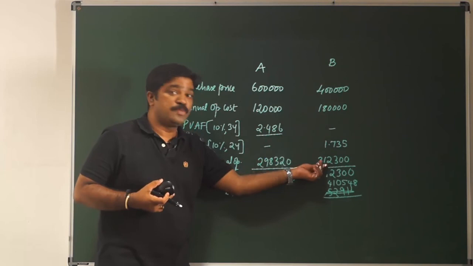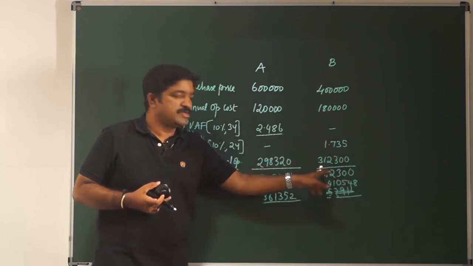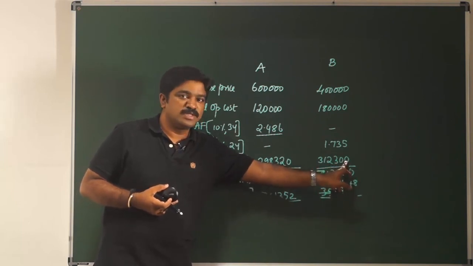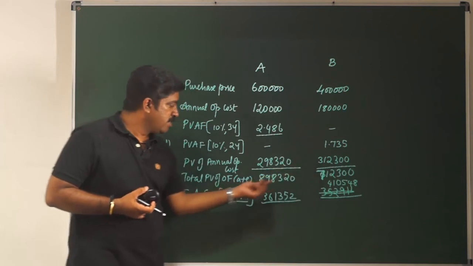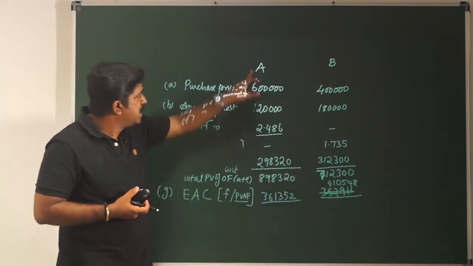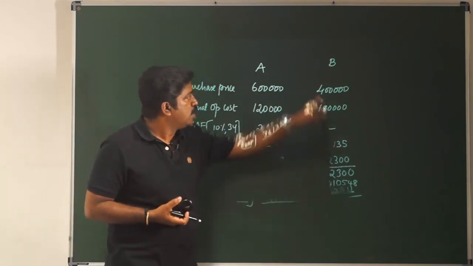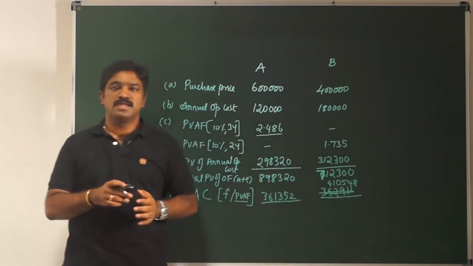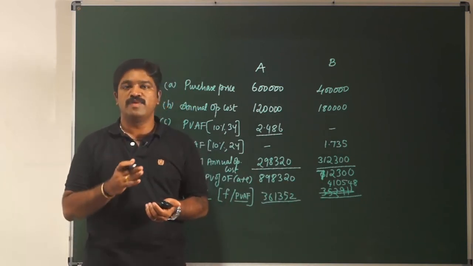Then we went to present value. 180 multiplied by 1.735 was 312,300, which is comparatively higher. But when you went for the overall position, A had higher overall cost, whereas B had lower overall cost. But that is the time where we had to divert and look into it very critically.